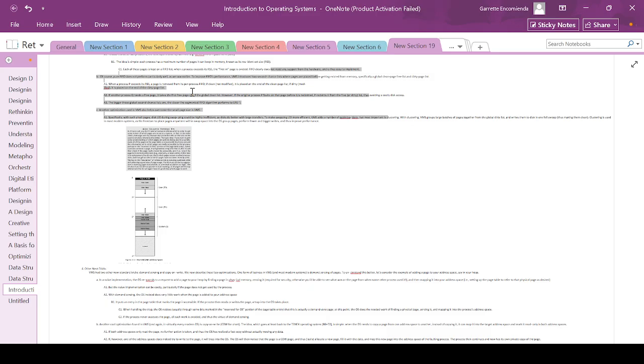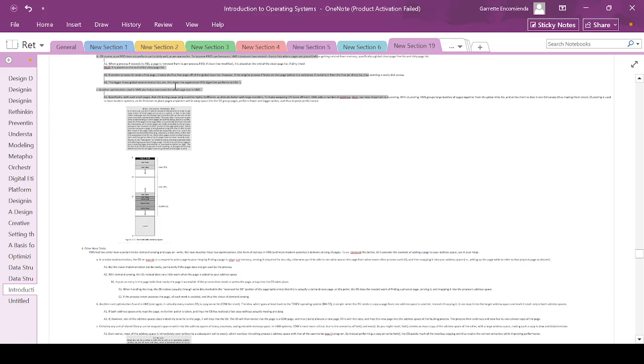If another process needs a page, it takes the first free page of the global clean list, because it doesn't have that writing to the disk, therefore we can freely reuse that page.